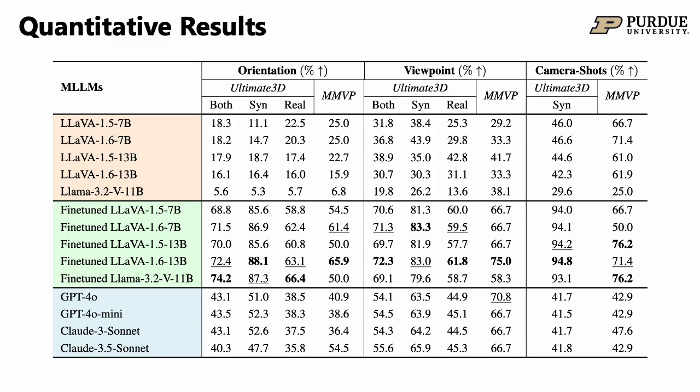We also observed that mixing Ultimate 3D with LLaVA Instruct 665K when training LLaVA 1.6 13 billion maintains VQAv2 performance while improving camera object relation accuracy.